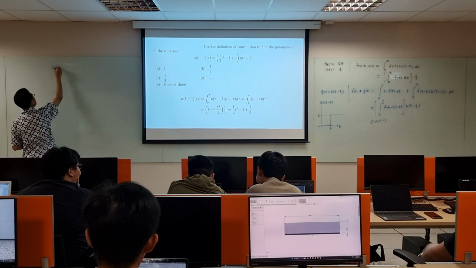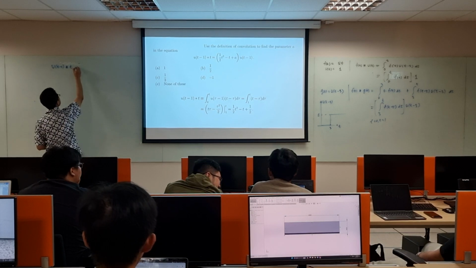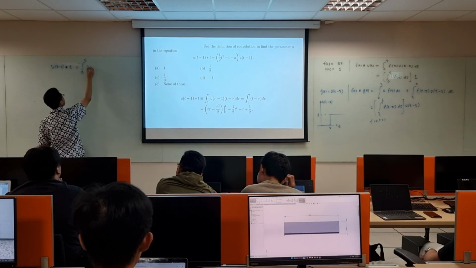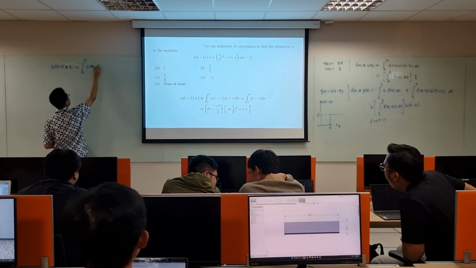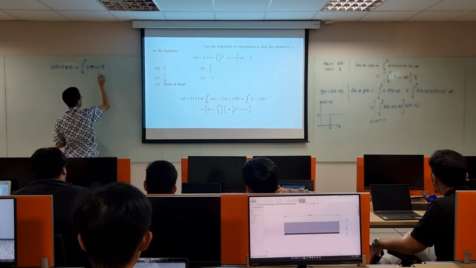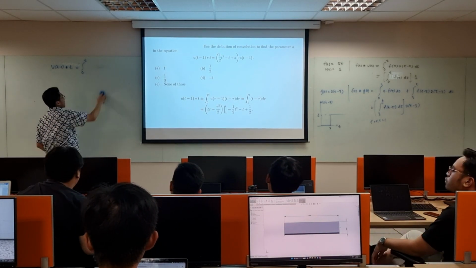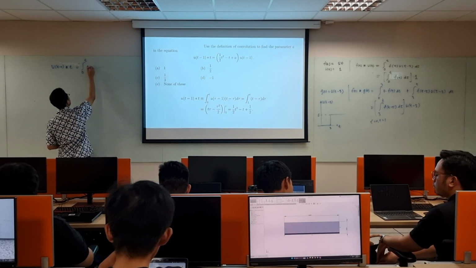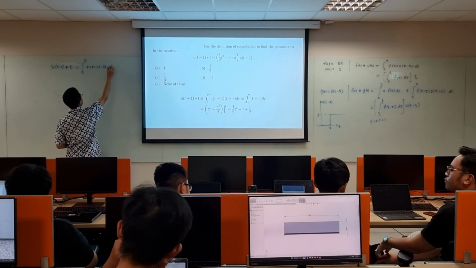The u(t-1), you integrate like this: u(tau-1), and then f(t-tau).